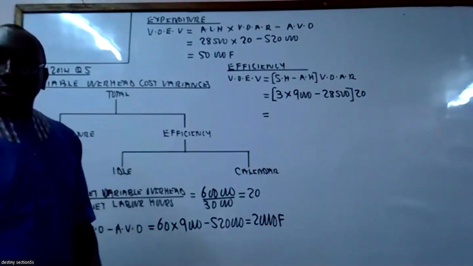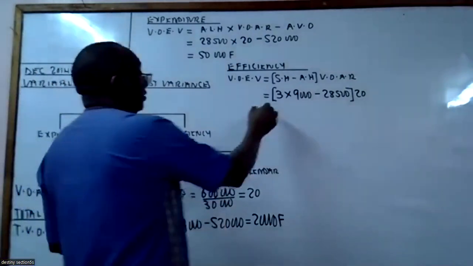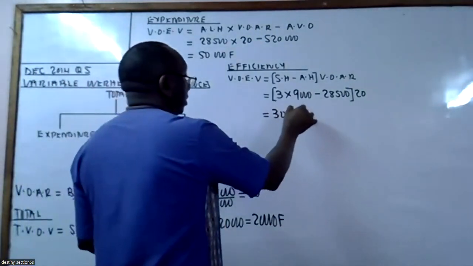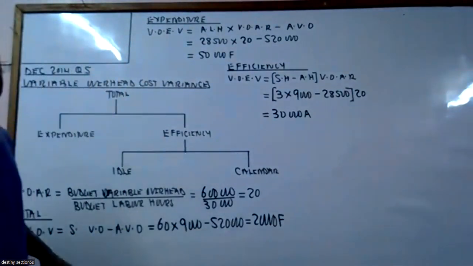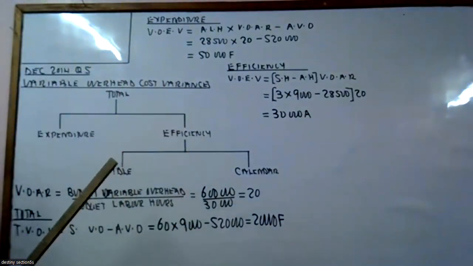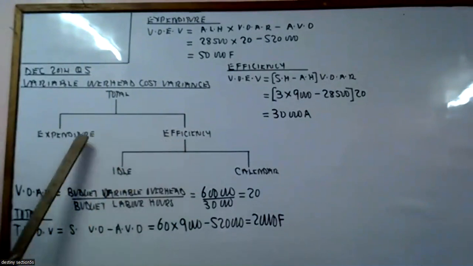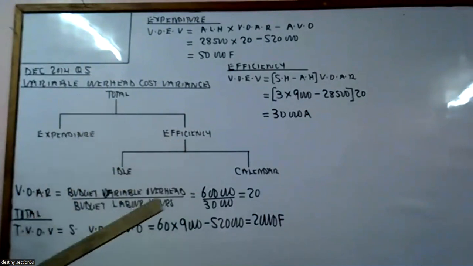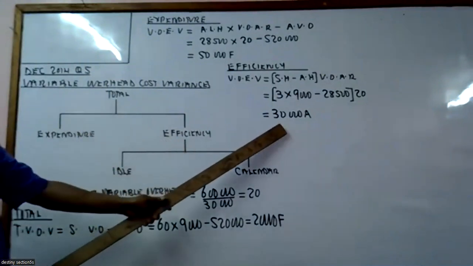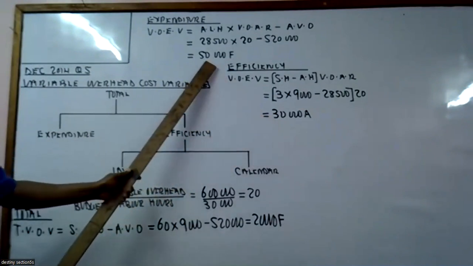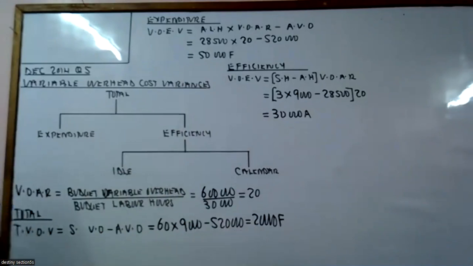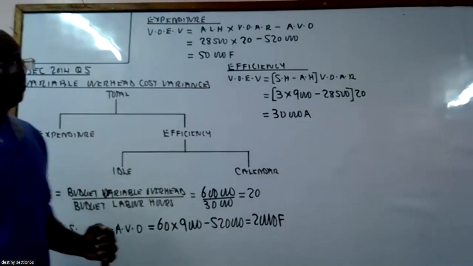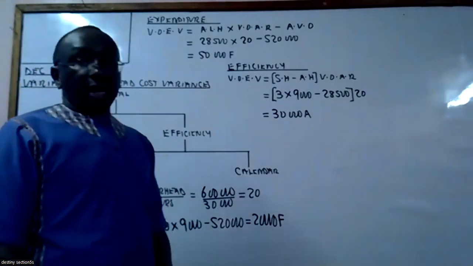That gives us 30,000 adverse. Good. Now with 30,000 adverse, you can see what we have been saying: this efficiency plus the expenditure should be equal to the total. So this 30,000 adverse plus this 50,000 favorable should be equal to this one, 20,000 favorable.